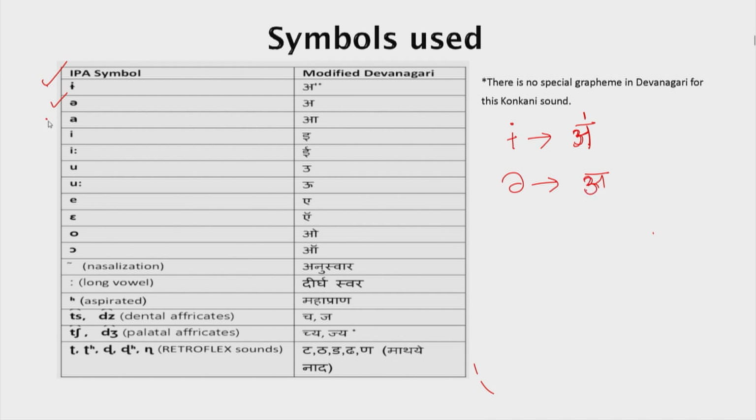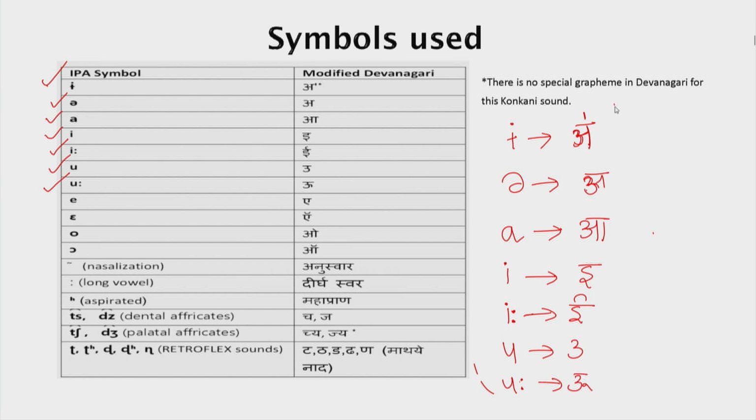The third symbol is for a. This symbol written like an I is E. If you want to write the long E, you just have to write I and then put two visarga. U is for U. Long U is written as U with two dots.